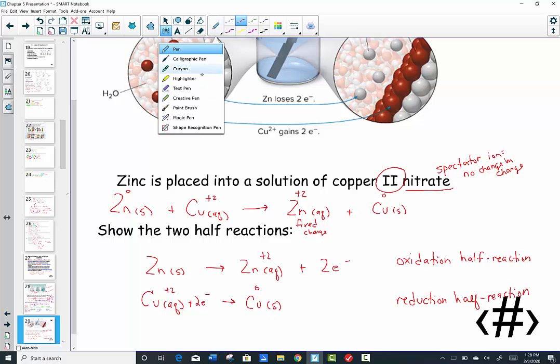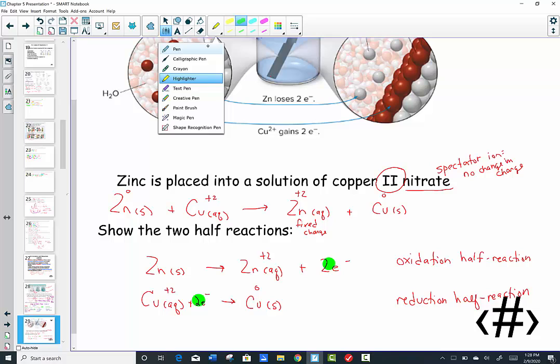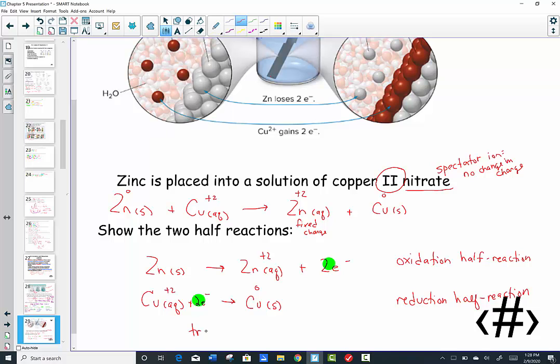Now we know to be a balanced redox reaction, the number of electrons lost has to be equal to the number of electrons gained, and it is. They're transferring 2 electrons total. Since zinc is being oxidized, it's called the reducing agent.